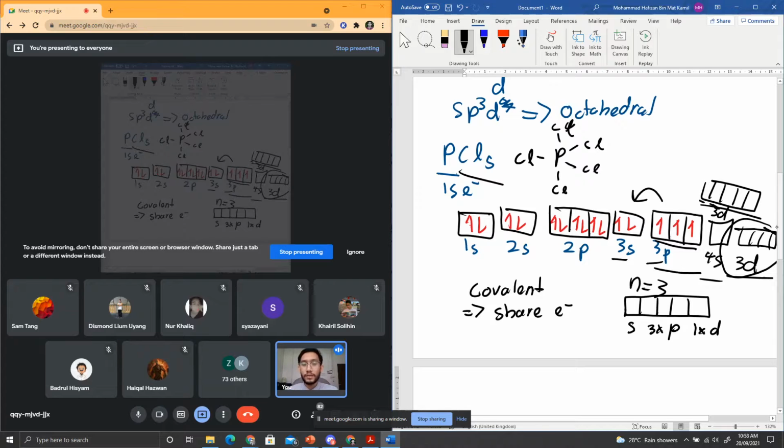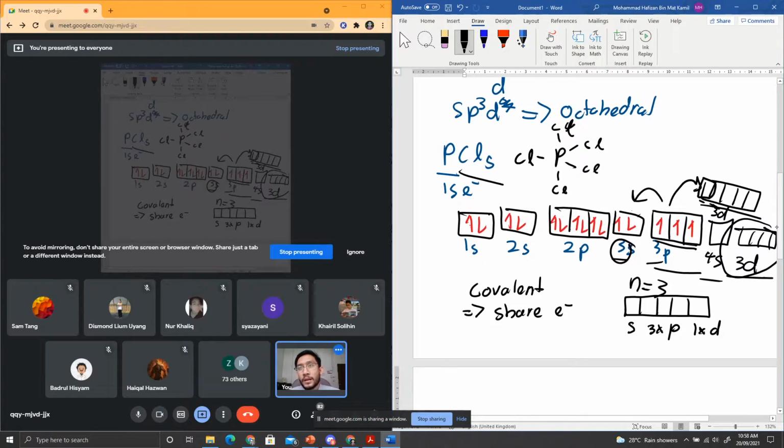To share electrons, the basic thing is we pair the electrons. To pair electrons, we only have 3 singly occupied, so we need 5. So, we take 1 from here, and also 1 orbital from here, making it 5.